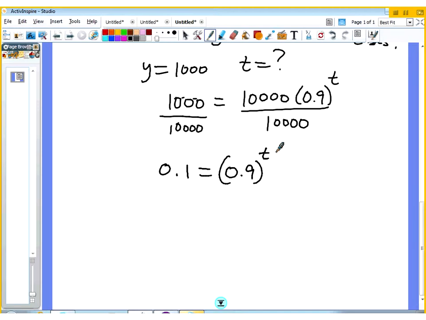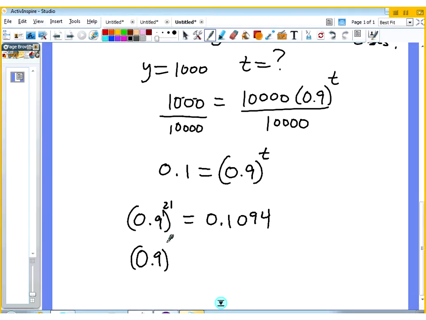So if you start plugging in values, you'll see that you'll get different things. So 0.9 to the 21st power is 0.1094. 0.9 to the 22nd power is 0.09848.